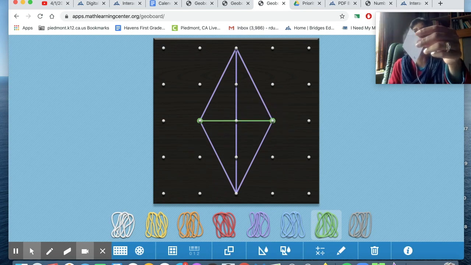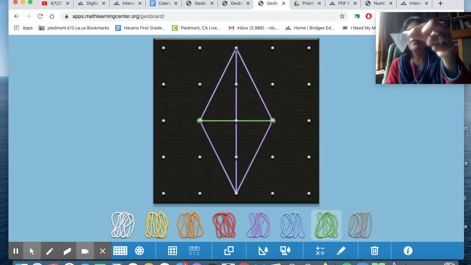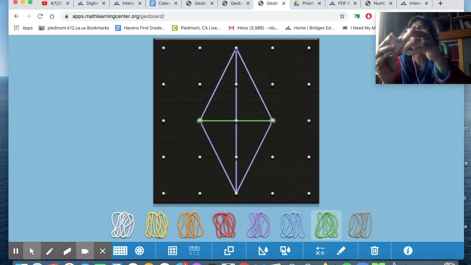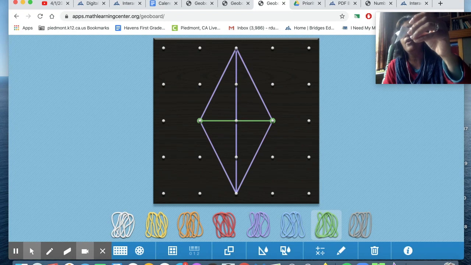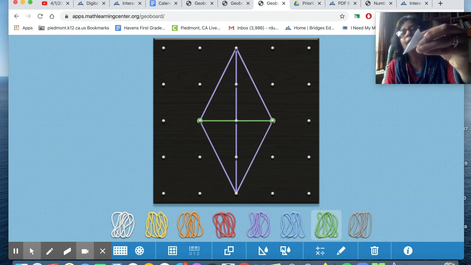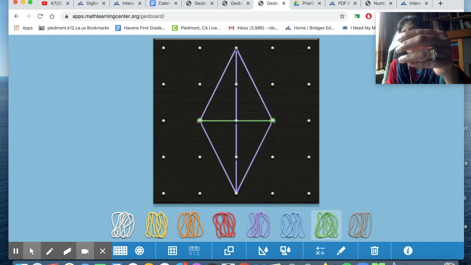If this is my rhombus, I'm going to fold it into halves. And you would right now say 1/2, right? And then you can still fold that. And again, just like the square, it is folded into fourths. They're all exactly the same size, all fourths. So it can be folded into quarters.